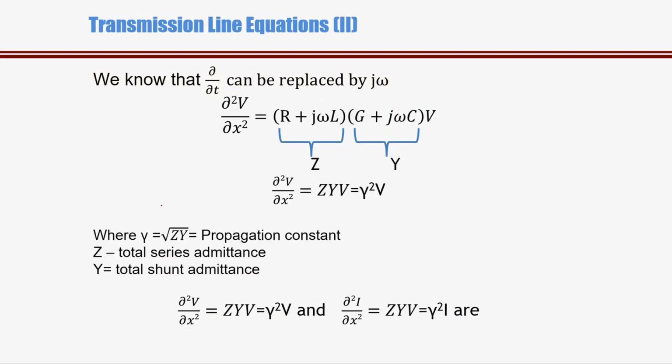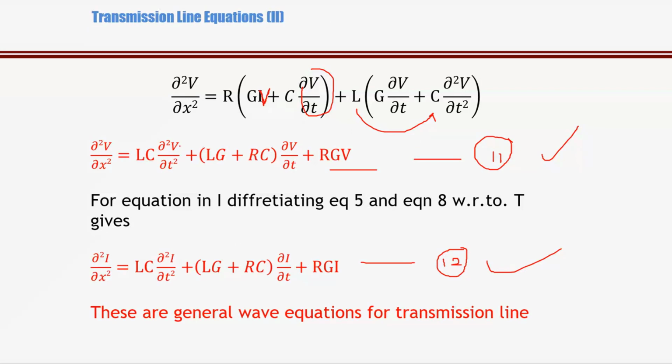We know here that derivative with respect to time t means j omega. So I can replace this dou by dou t wherever it is present by j omega. So if I replace it in equation number 11, then what I will get, dou 2v by dou x square is equal to LC, now it is double derivative of voltage with respect to time t. So I can write it as j omega into v.